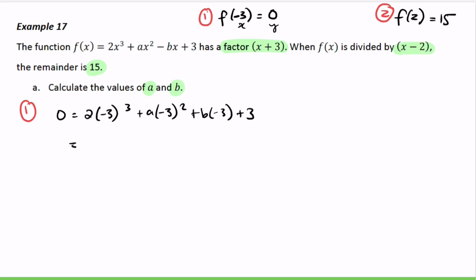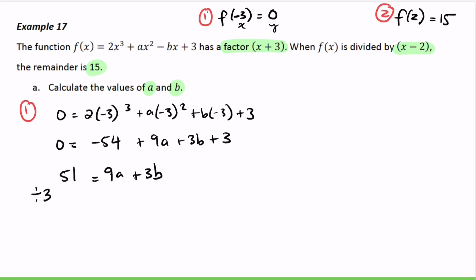When I work out all of these values, I will get negative 54 plus 9a plus 3b plus 3. I'm just going to make this look a little bit nicer. First of all, negative 54 plus 3 is negative 51. When I take that over to the other side, I get positive 51 is equal to 9a plus 3b. To simplify it as much as I can, I'm going to divide everything by 3. So I'll get 17 equals 3a plus b, and that'll be my first equation.